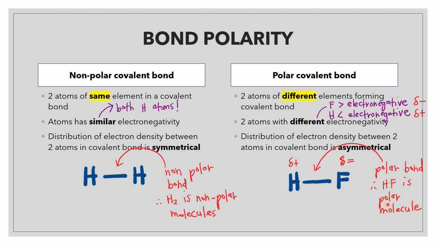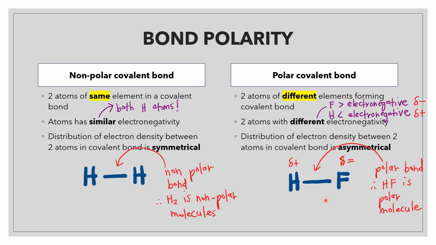So ingat, konsepnya adalah untuk nak identify bond polarity sama ada secara non-polar covalent bond ataupun polar covalent bond, you have to study the two atoms that is directly connected by the single covalent bond.